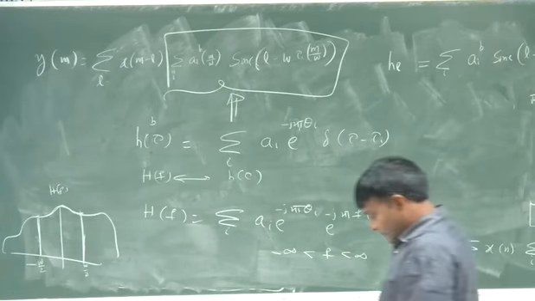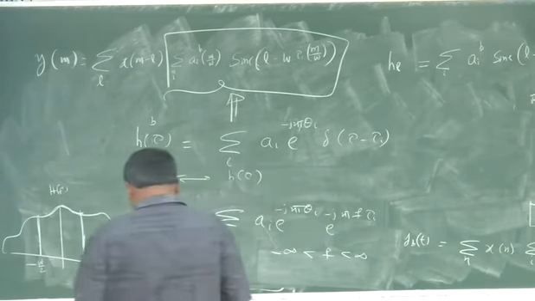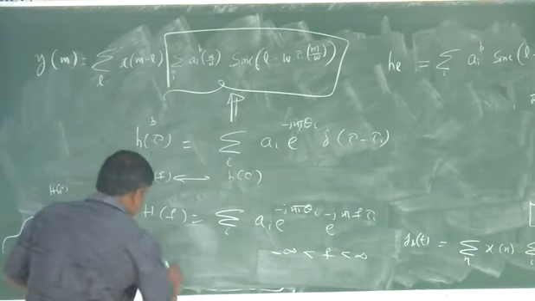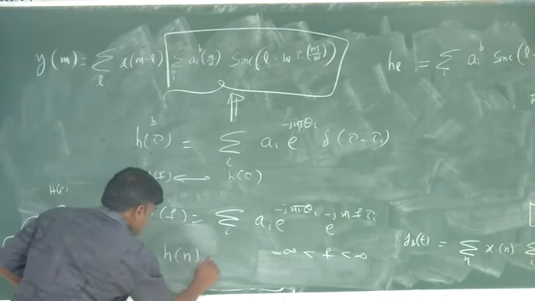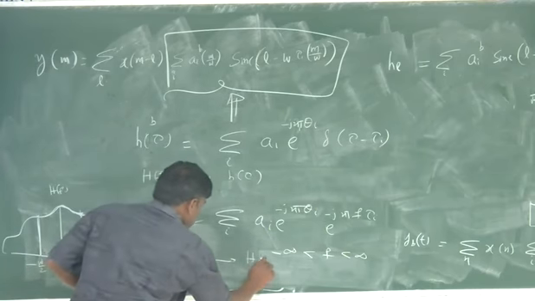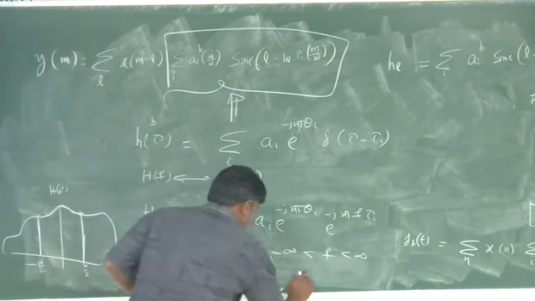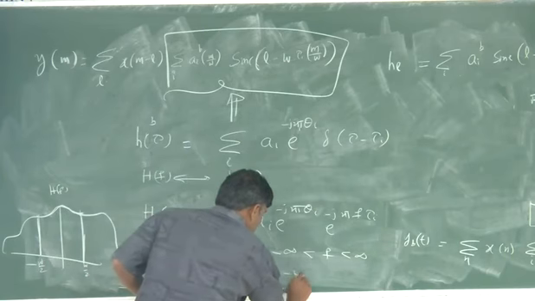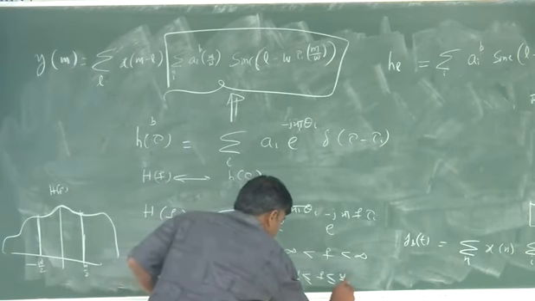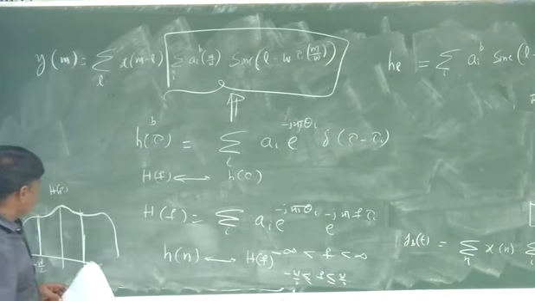What we will do is take h of n, which is the Fourier transform pair with h of f, where it is strictly bounded. You write like this.